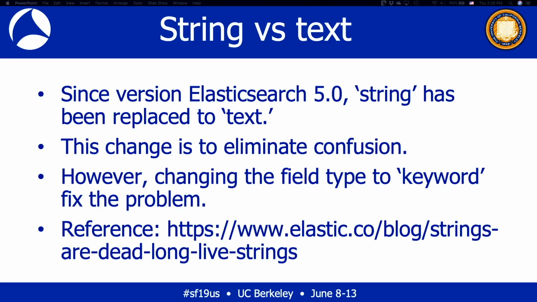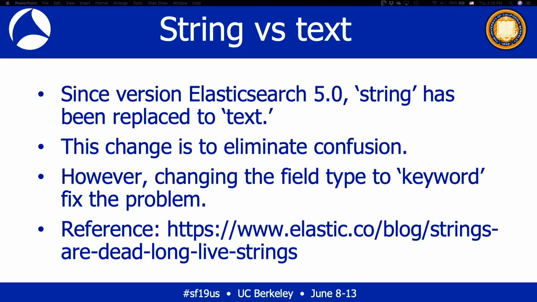Another issue with Elasticsearch that I found is that since version 5.0, string has been replaced by text. There is a reason why they moved away from string, which was to eliminate confusion.